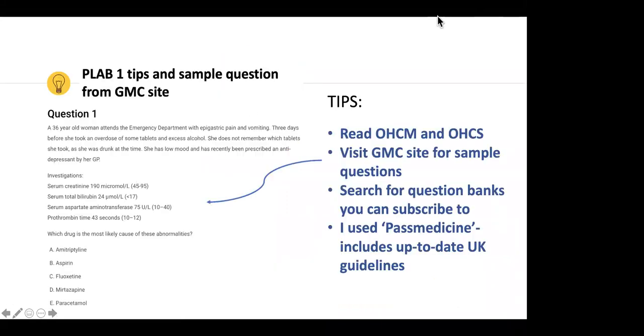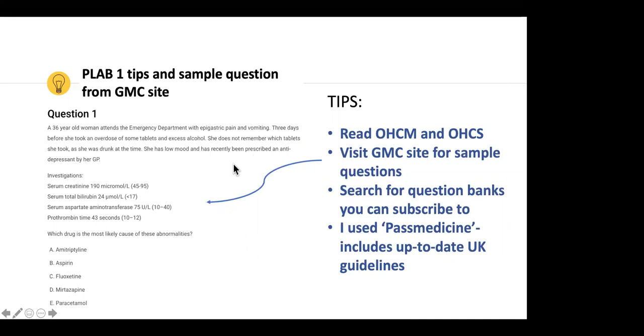Okay, so in terms of PLAB 1 tips, I found the sample questions on the GMC site really useful. Like I've said before, read through the Oxford Handbook of Clinical Medicine and Clinical Specialities, visit the GMC site for sample questions, and then you can also search for question banks. There are quite a few out there.